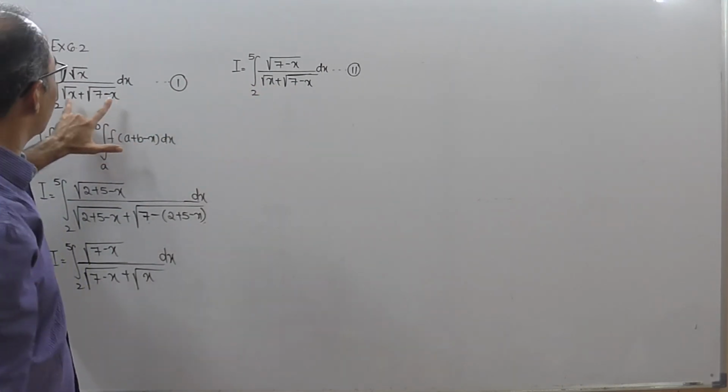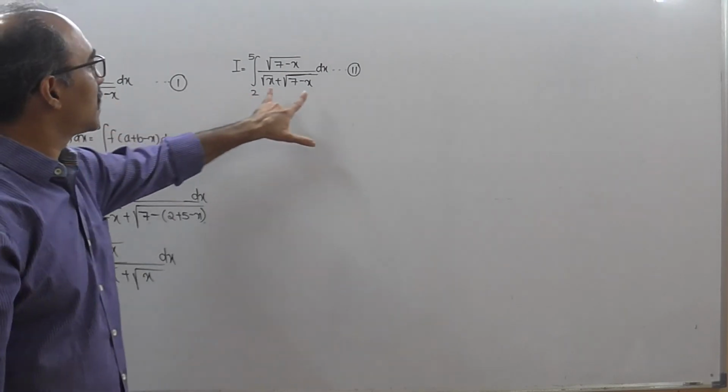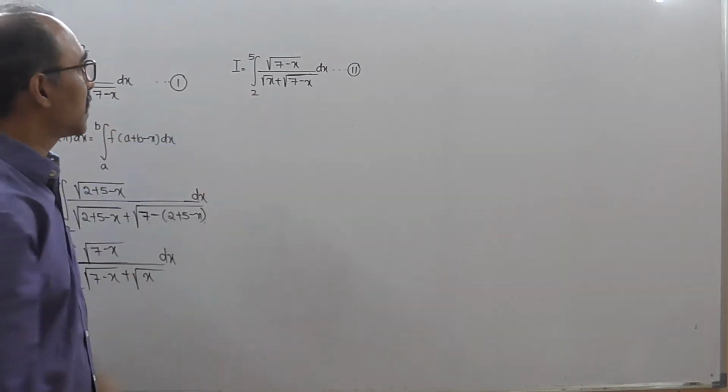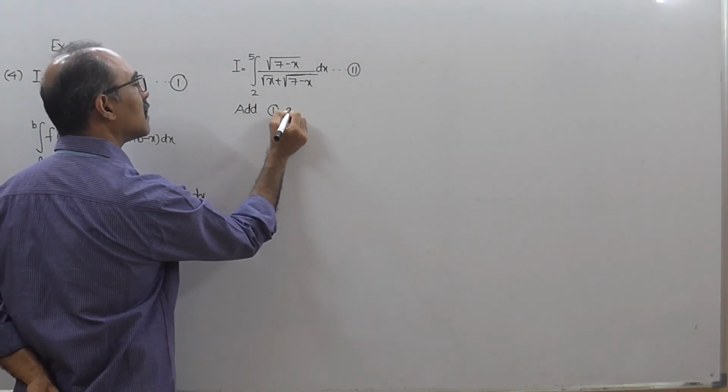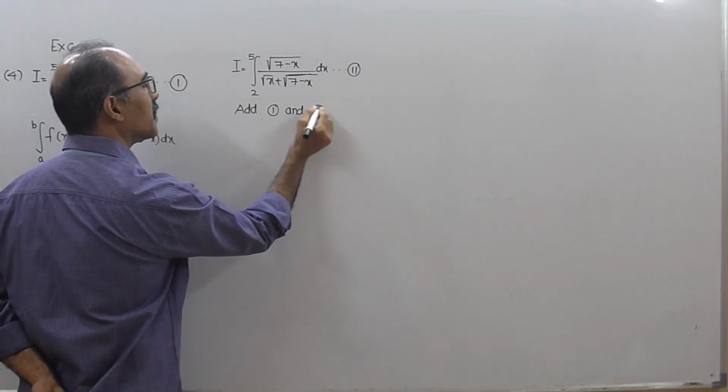Is it same? Yes. This is root x plus root 7 minus x, root x plus root 7 minus x. So immediately what you do is you add 1 and 2.